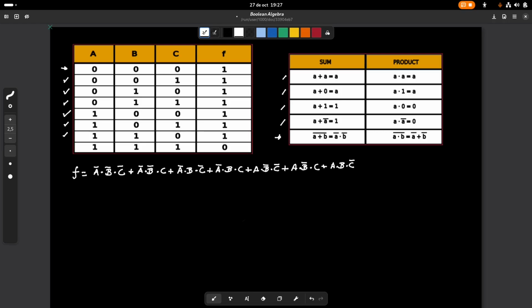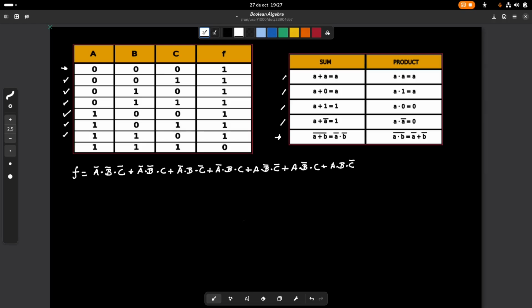To minimize this function, we can put some terms together as if we were using arithmetic in maths. The arithmetic laws, distribution law, commutative law, and associative law are useful to minimize these kinds of functions.